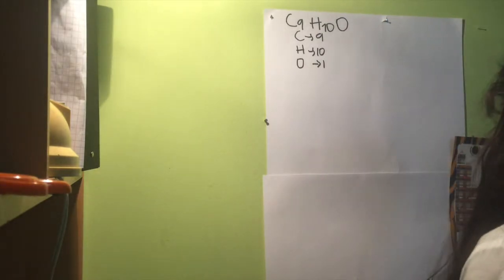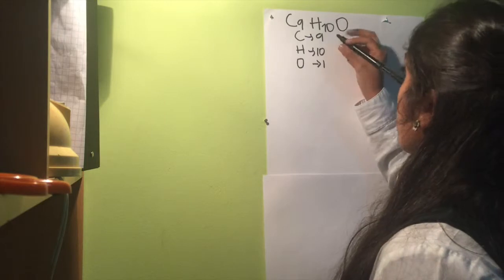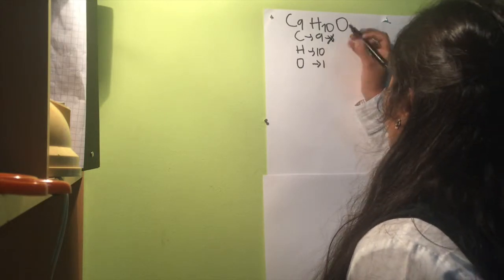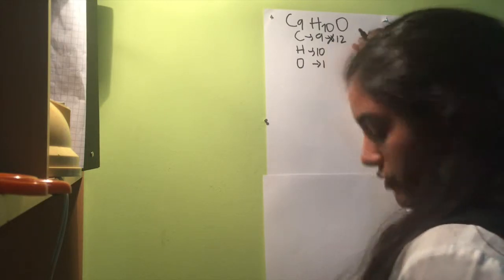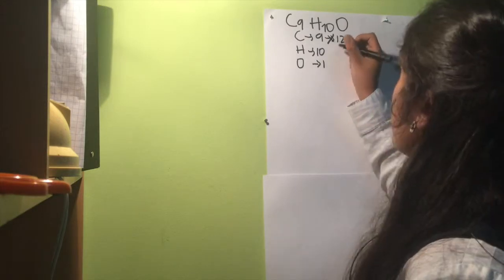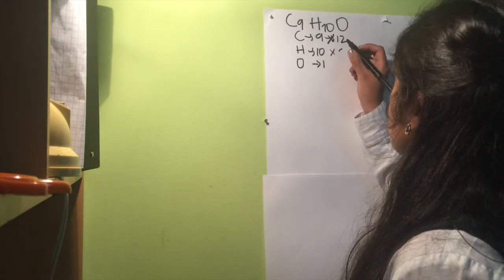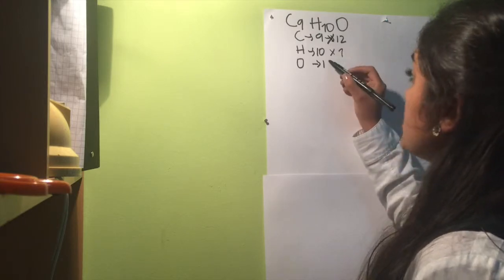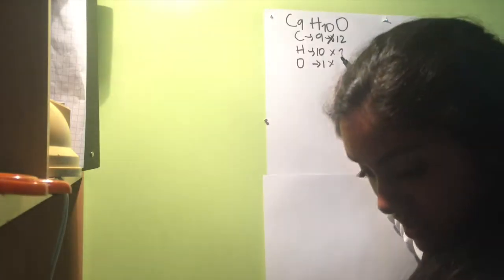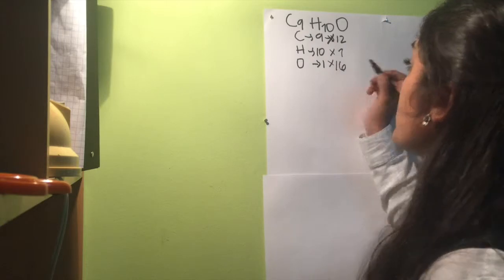Then in our periodic table we look for the weights: carbon weighs 12, hydrogen weighs 1, and oxygen weighs 16 because we are rounding it.